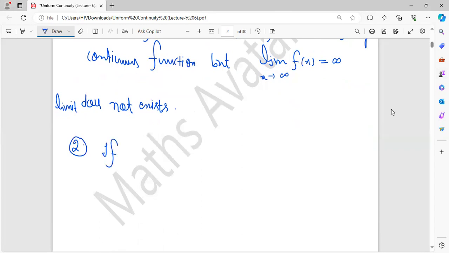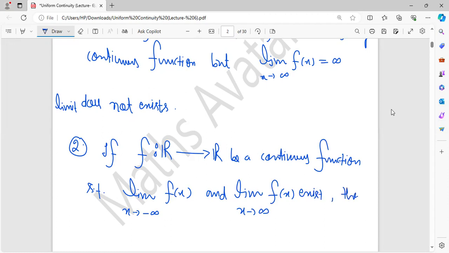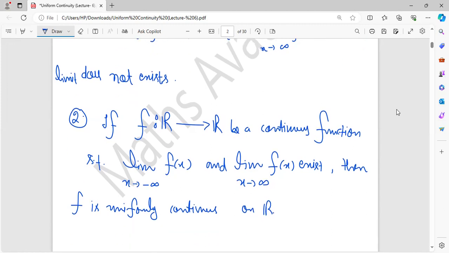If f from R to R is a continuous function such that the limit as x tends to minus infinity of f(x) and the limit as x tends to infinity of f(x) exist, then f is uniformly continuous on R. So this theorem says that if the function is continuous and the limits at minus infinity and plus infinity exist, then the function is uniformly continuous. This condition is sufficient, not necessary.